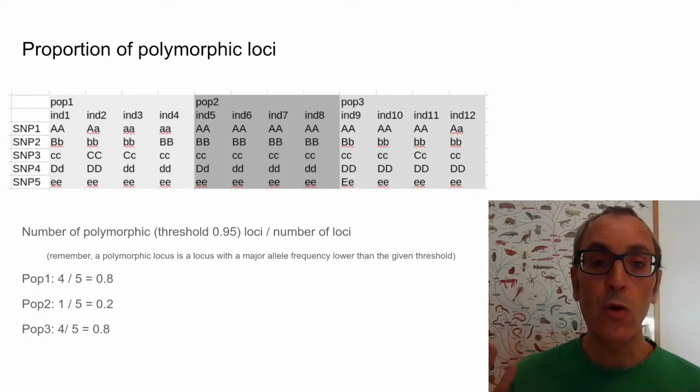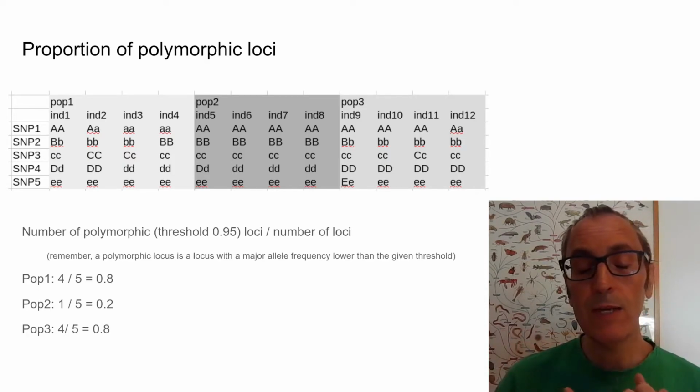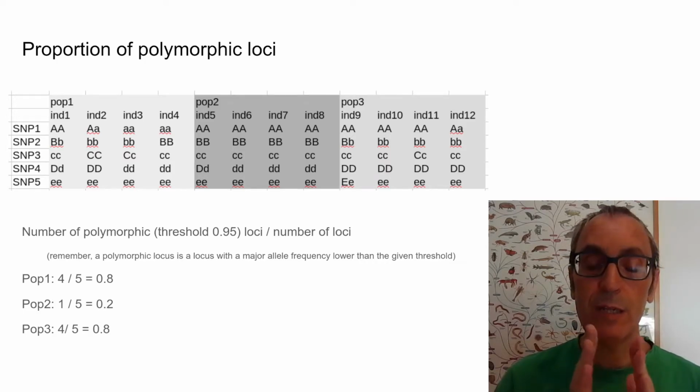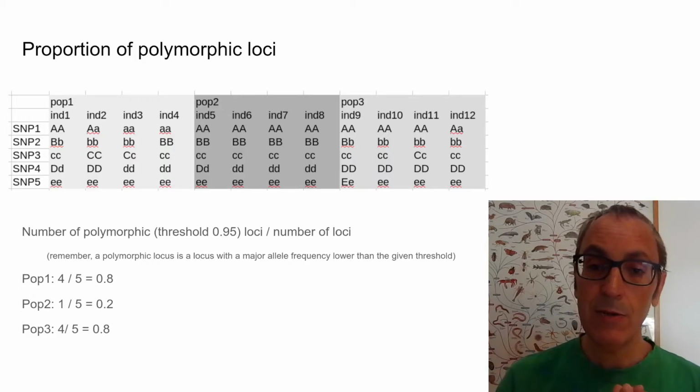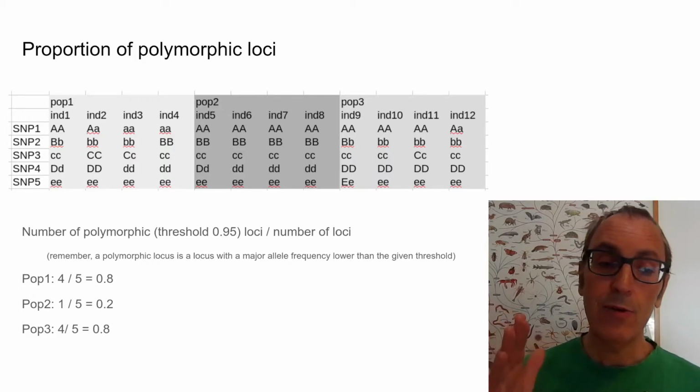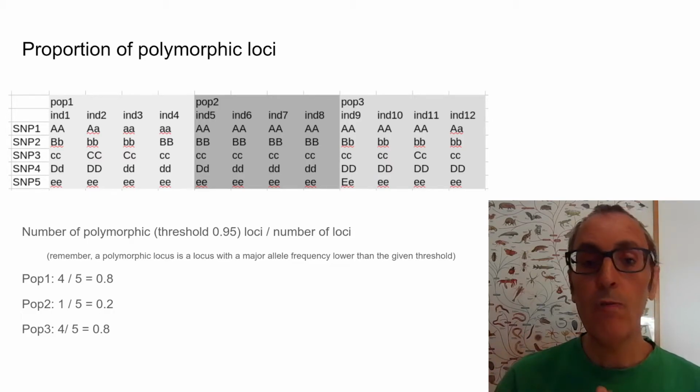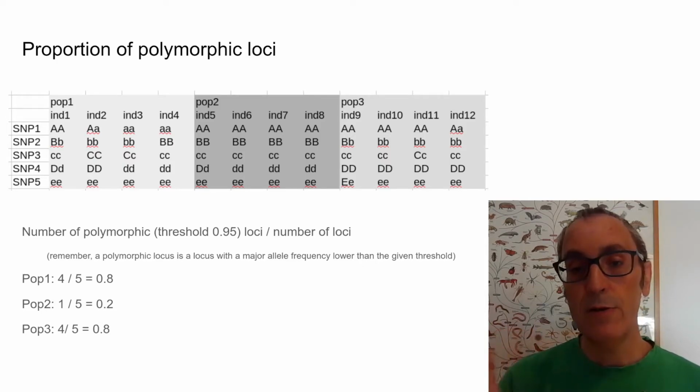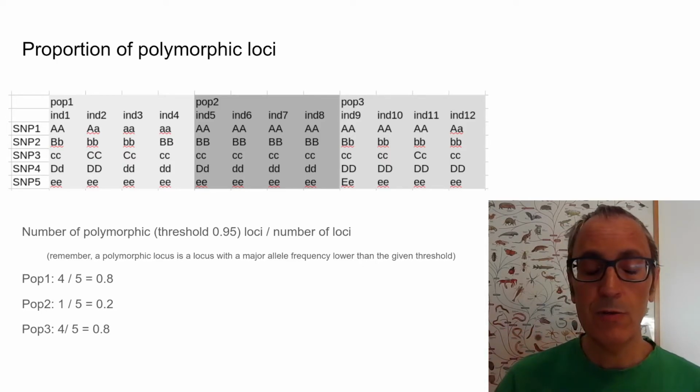For instance, one index that we can use is how many polymorphic markers. Remember, polymorphic is we set a threshold and we calculate how many markers or how many loci we have that are over that threshold for the major or the minor allele. It depends on which one you take as a reference.